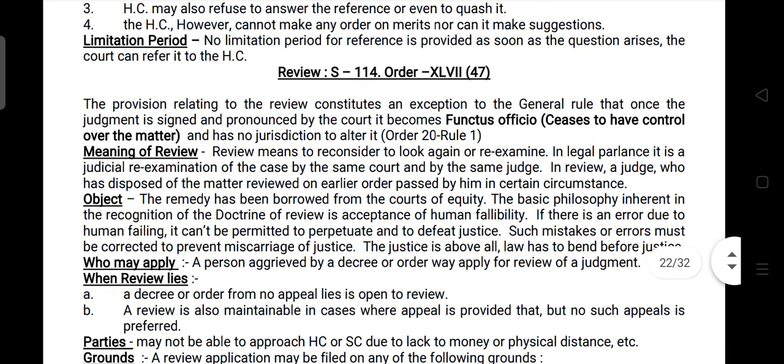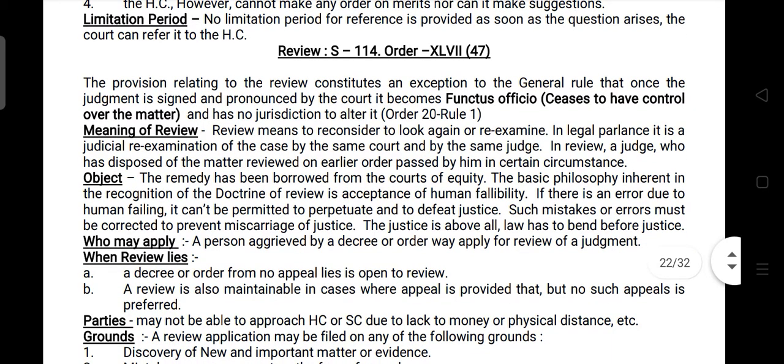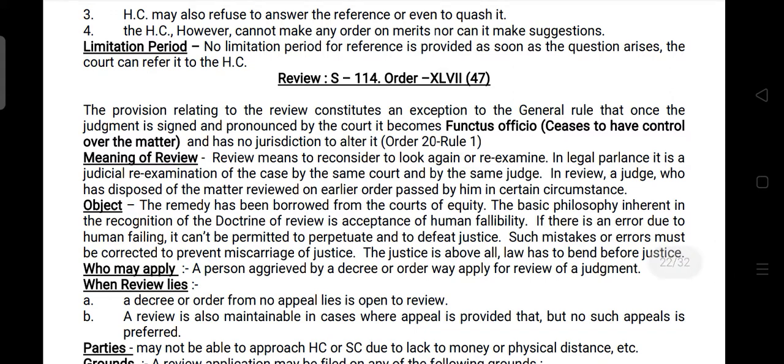So that was the object of review, and as we know, it is borrowed from the courts of equity, and the basic philosophy of this doctrine is the acceptance of human fallibility.